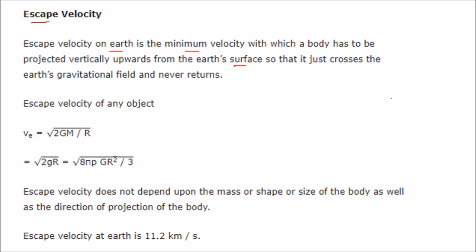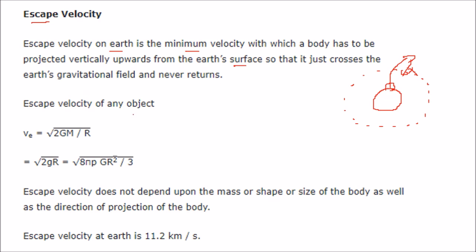This means that Earth is here, and it has some gravitational field. Now with what minimum velocity, least velocity, must a body be projected vertically upwards so it crosses this gravitational field and never returns back?